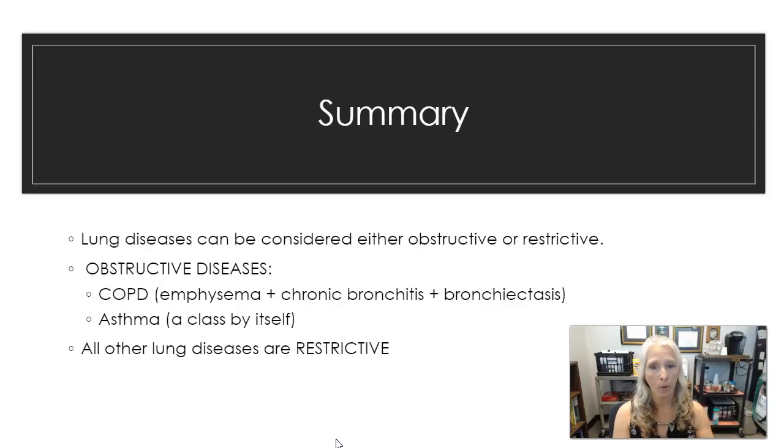So in summary, your PTA licensure examination usually puts a good bit of emphasis regarding cardiopulmonary diseases. And if you're asked a question about whether something is restrictive or obstructive, if you will remember that obstructive diseases are emphysema, chronic bronchitis, bronchiectasis, which make up COPD, and then cystic fibrosis, asthma is all by itself, and then anything else they throw at you is going to have to be restrictive, because those are the only obstructive ones.